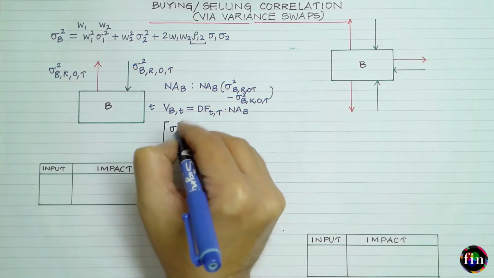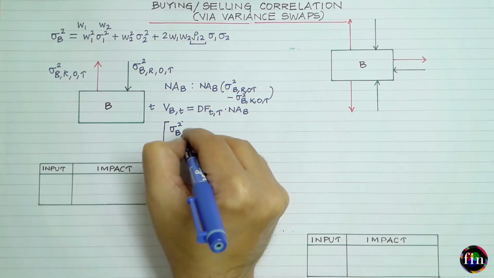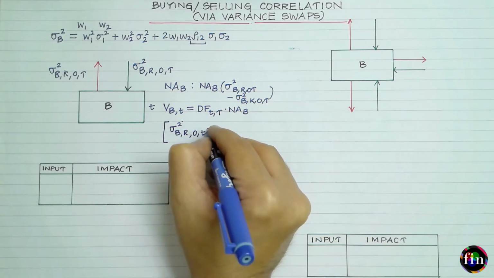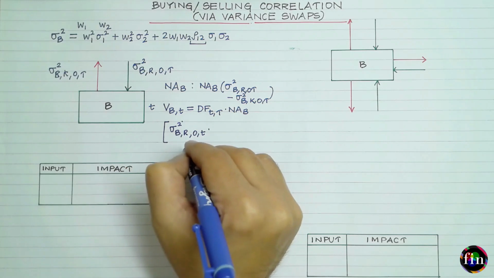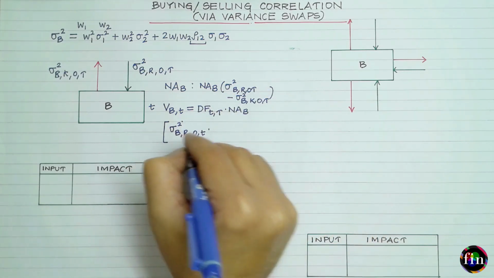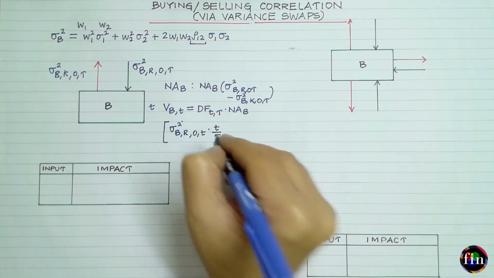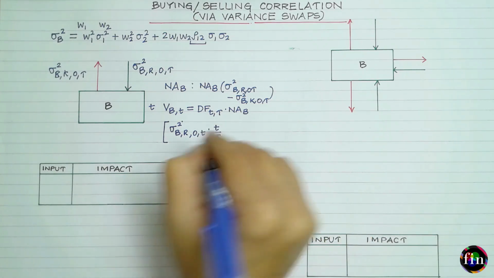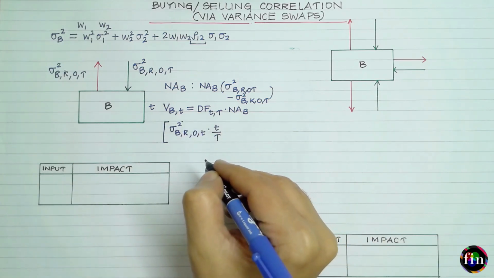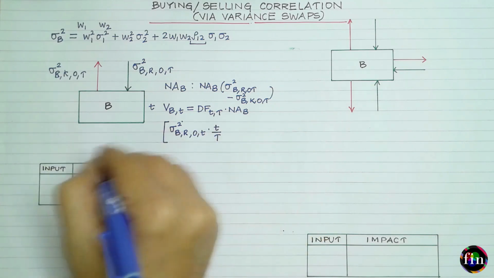So I'll write it as sigma squared of B already realized from 0 to t. I need to somehow weight this portion, because this portion is not the entire thing that I'll be paid. I'll weight it depending on the time. So it'll be t upon T, the proportion of the entire period over which this accumulation of realized variance has to happen, and I'll just take that proportion which has already been realized.